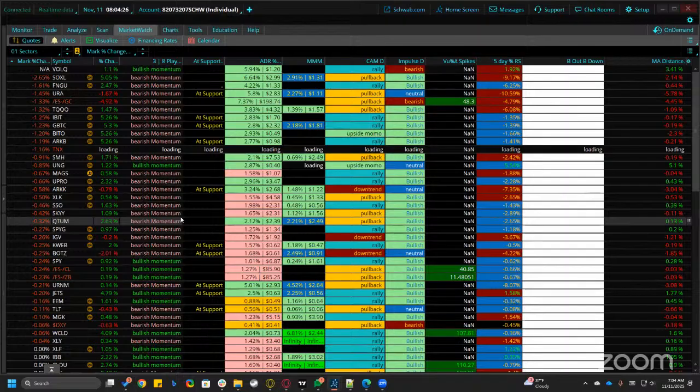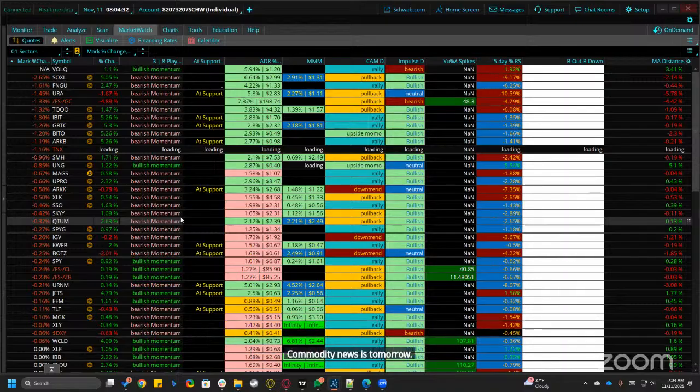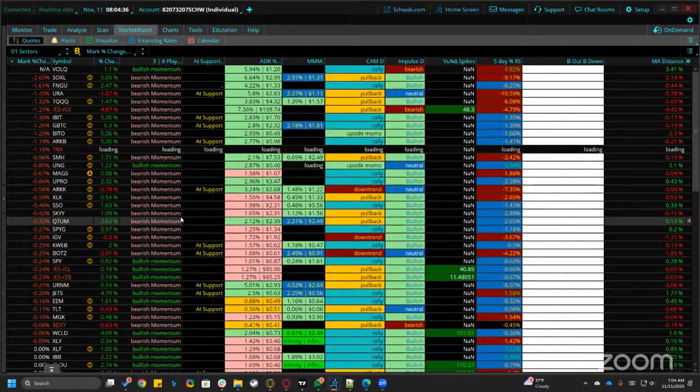Bonds and commodities, but bonds are closed. Commodity news is tomorrow. So if we're going to get a rally today, we're going to get that rally after we get into the open and we get something.